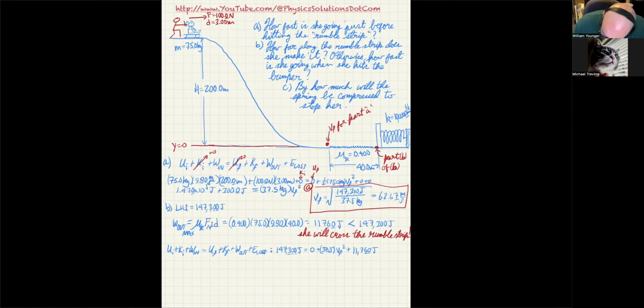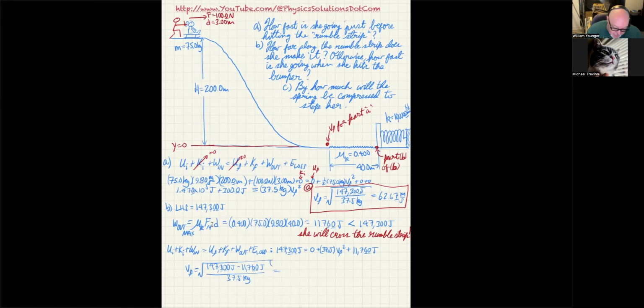So what this tells us is that V final is going to be equal to the square root of 147,300 joules minus 11,760 joules divided by 37.5 kilograms.